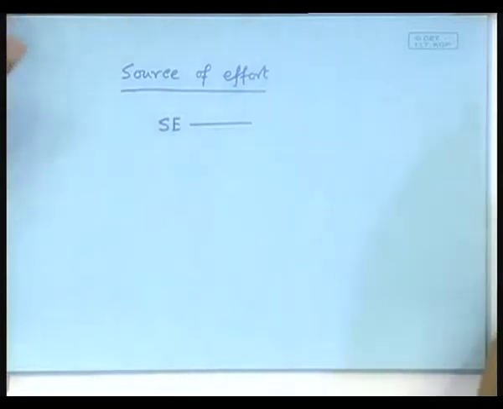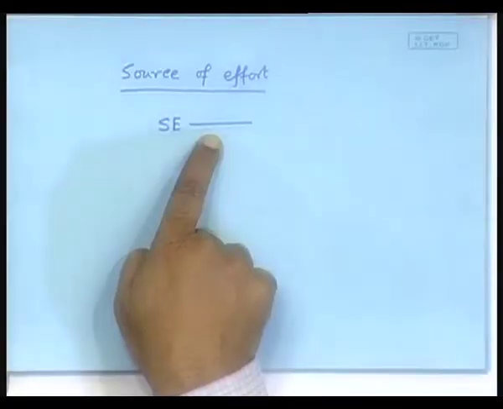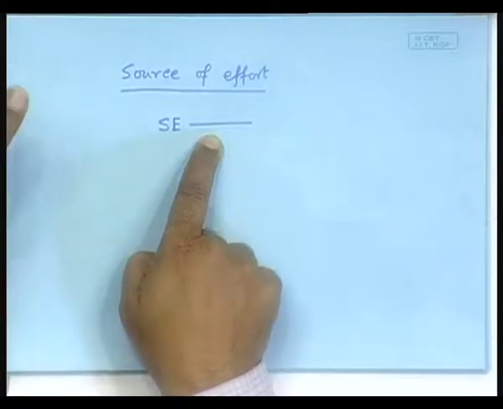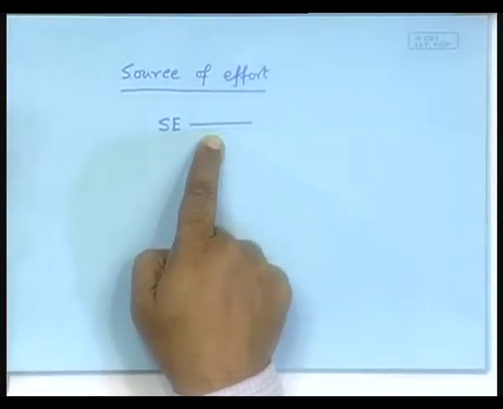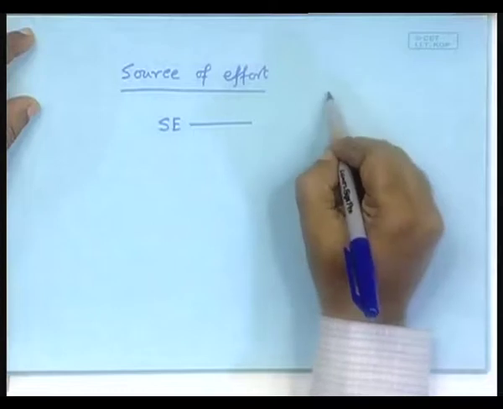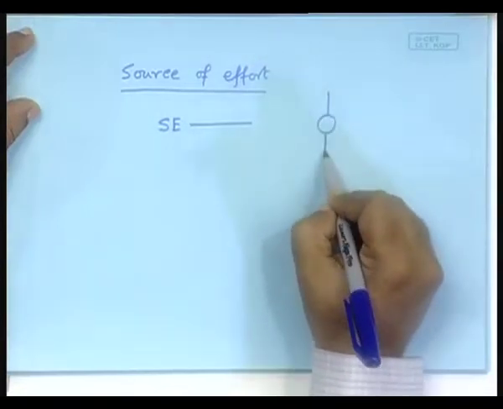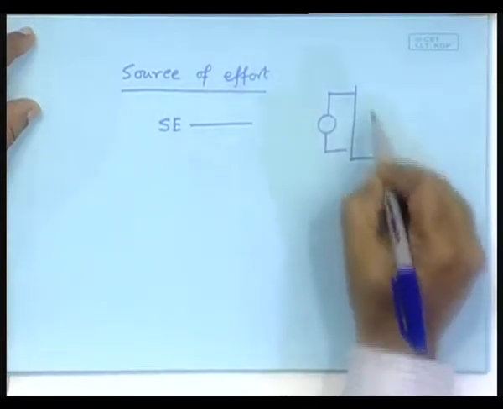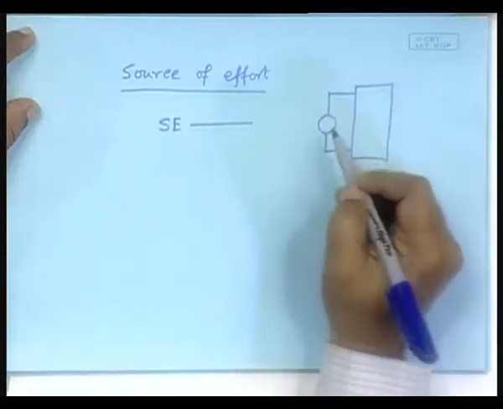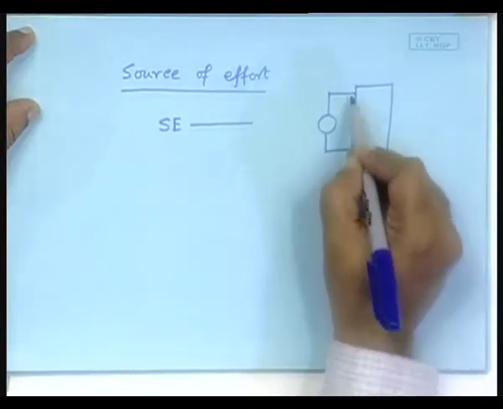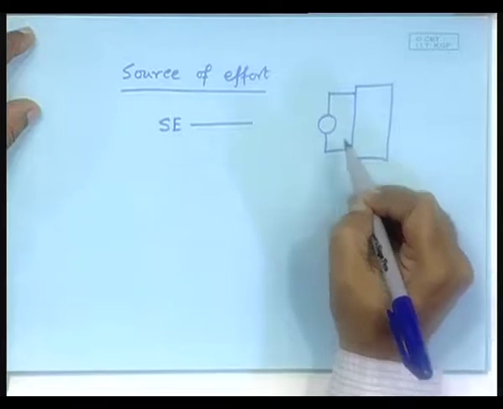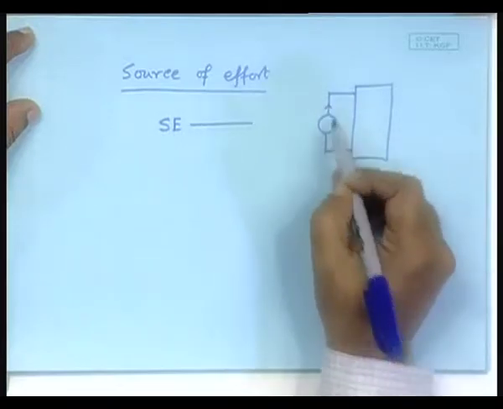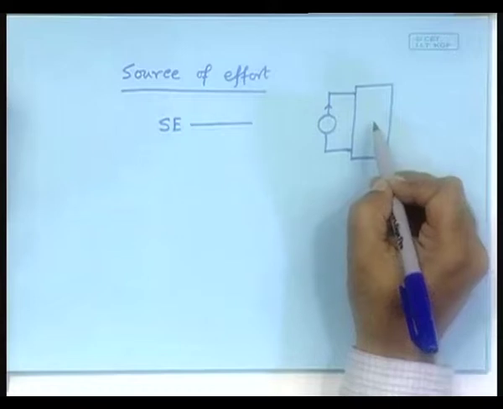Again to recapitulate, it can independently decide the effort variable on that bond, but it cannot decide the flow variable. Just imagine that a voltage source is connected to some kind of a circuit, then it decides what will be the voltage here, but it cannot decide what will be the current here. The current here is decided by the rest of the circuit.